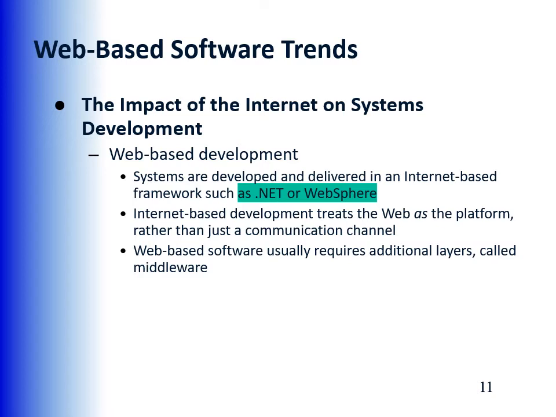Middleware is a layer or platform used to communicate with the existing software and legacy systems. In summary, we have reviewed three things to focus on the web-based software trend, which are software as a service, the changing marketplace for software, and how web-based development compares to the traditional methods.